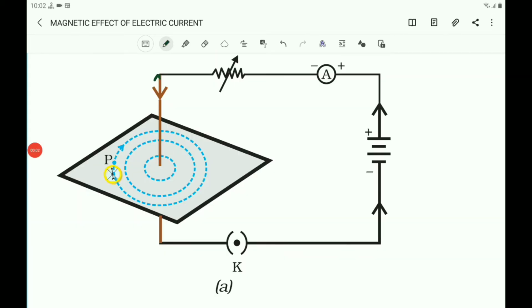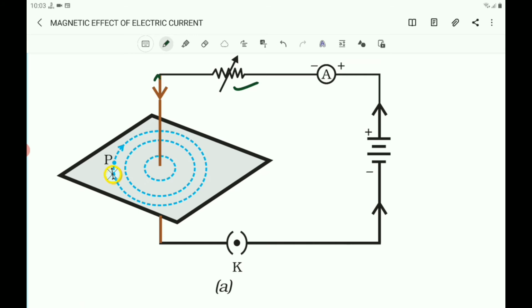Now let us try to increase the current through the copper wire. How can you increase the current through the copper wire? Here there is a rheostat, and with the help of the rheostat, the magnitude of the variable resistance can be decreased or increased. Now if the resistance is decreased, the amount of current flowing through the circuit increases.